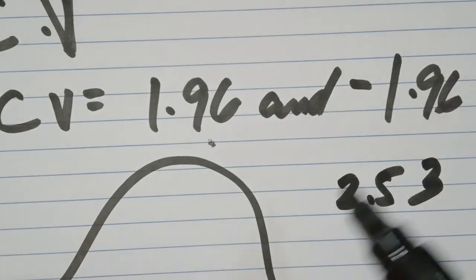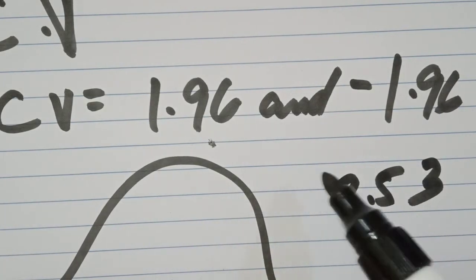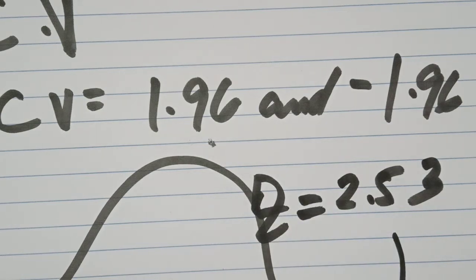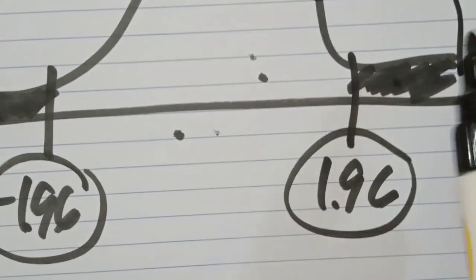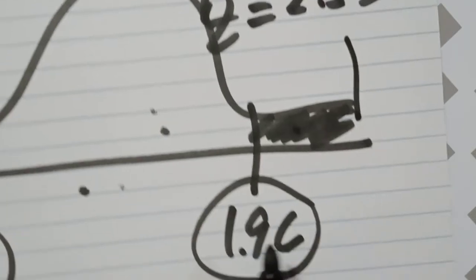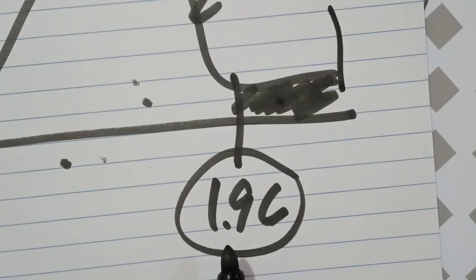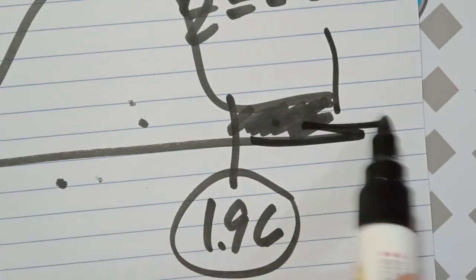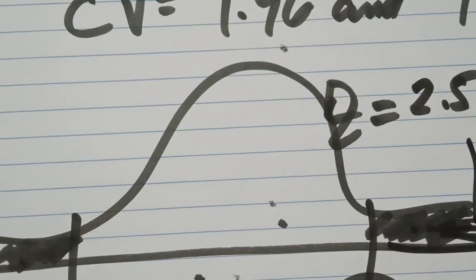Dahil yung computed value or the Z is equal to 2.53, which is greater than the critical value, so nandito sa rejection region. So ang step 5 ay magdi-decision ka na.